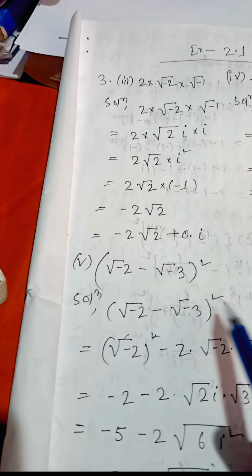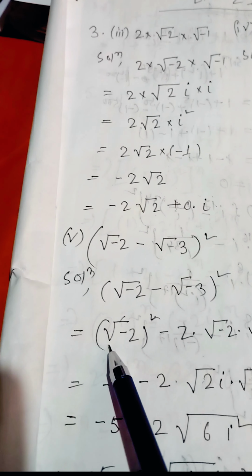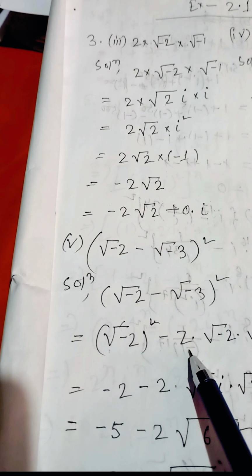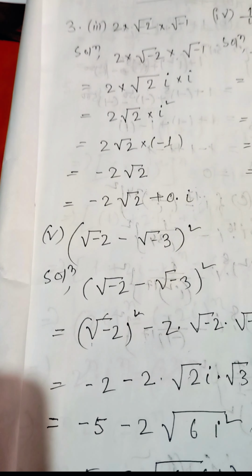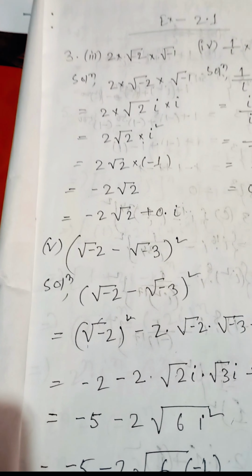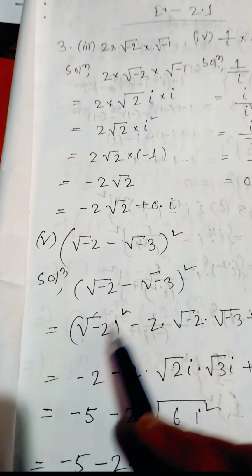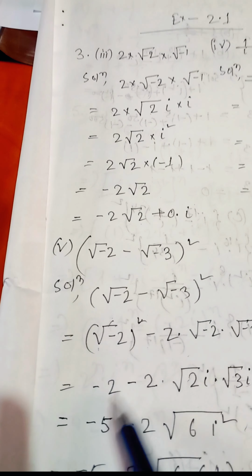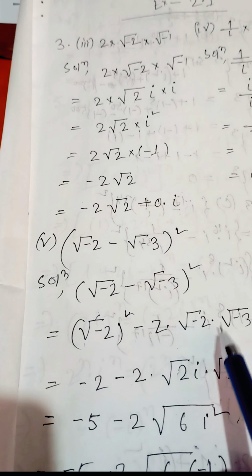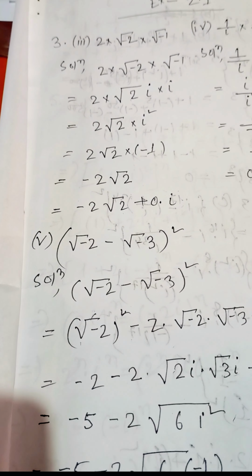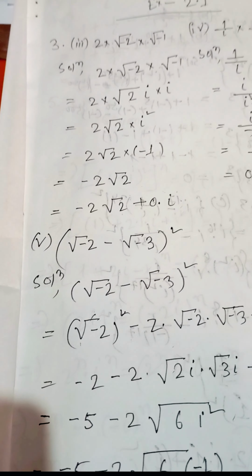So if this is a minus b whole square, a square minus 2 into a into b plus b square. These are b square. Now minus 2 whole square, and the root is cancelled, so minus 2. And there is minus under root minus 2 into under root minus 3, plus these are roots, and under root is cancelled, it is minus 3.